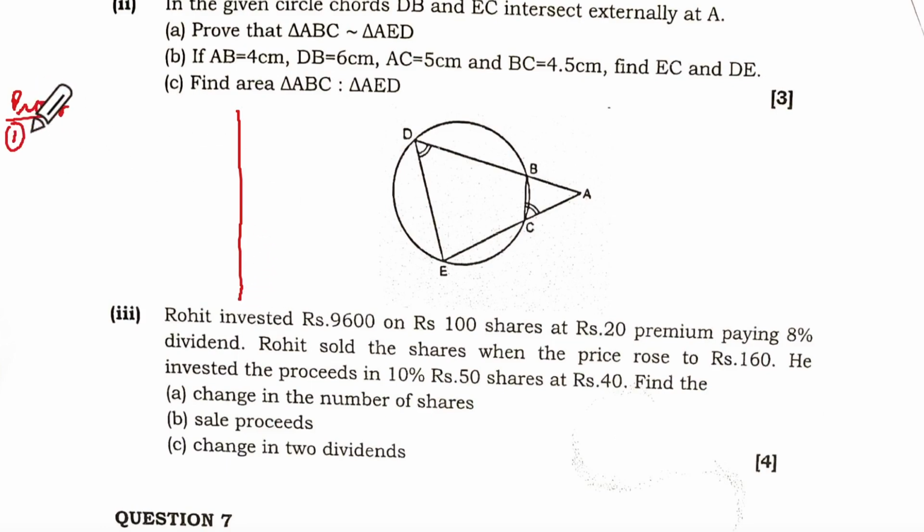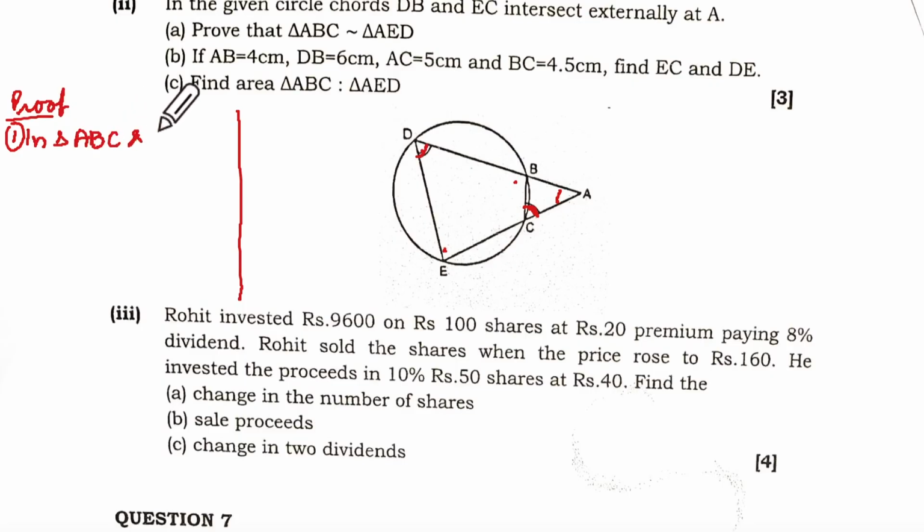The first one, if you look at ABC, that is this triangle, and AED, that is the big triangle. Now in both of these, this angle is the common angle, and can you see this angle over here is equal to this angle, because this is a cyclic chord and C is the exterior angle of the cyclic chord, it will not be equal to this, it will be equal to this. Understanding? Yes.